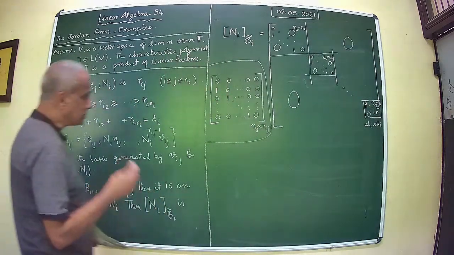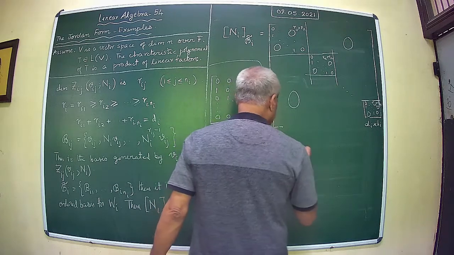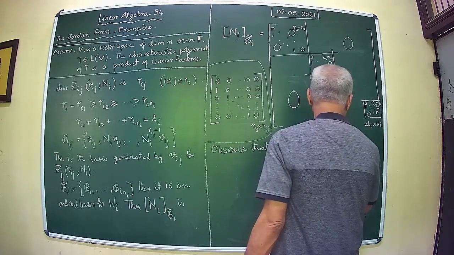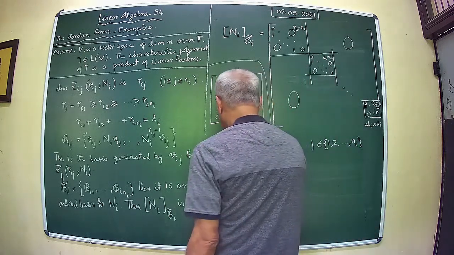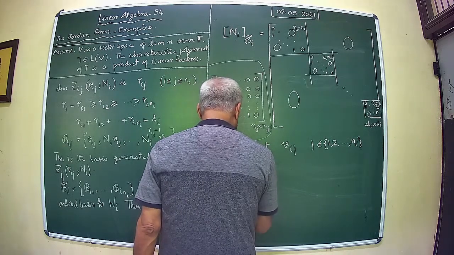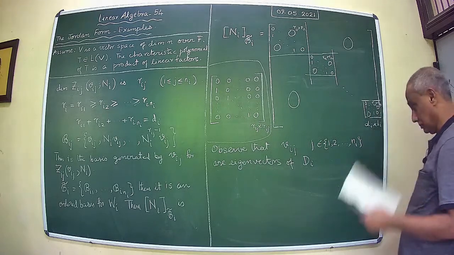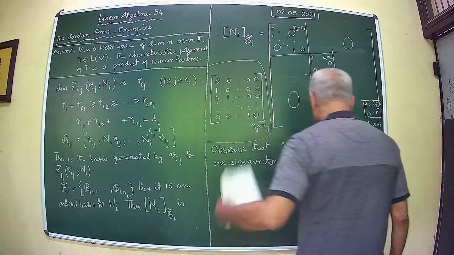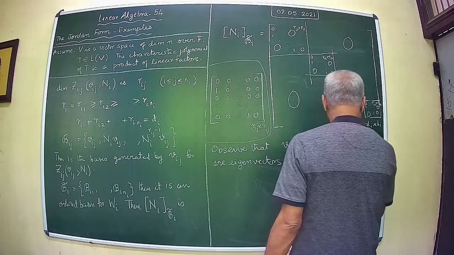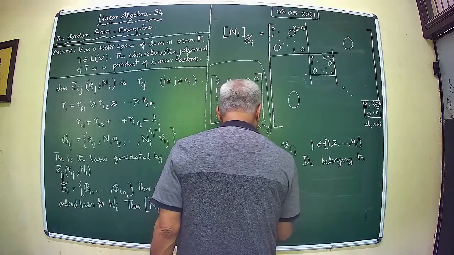Now we observe that Vij for j belonging to Ni are eigenvectors of Di belonging to the eigenvalue lambda i.